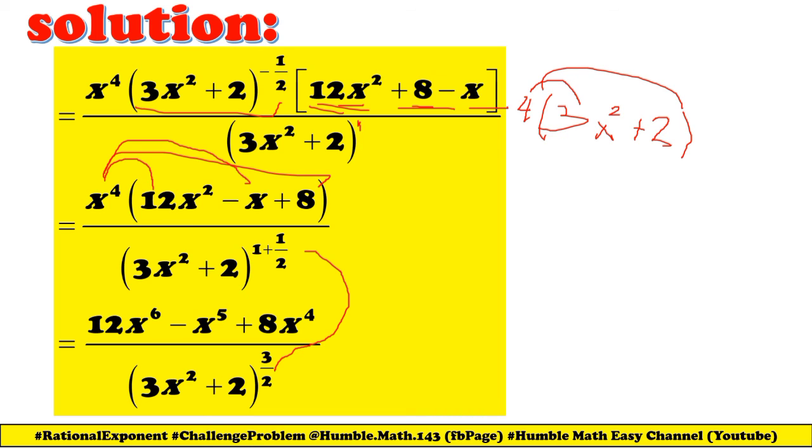X raised to 4 times negative x became negative x raised to 5. X raised to 4 times 8 became 8x raised to 4, all over 3x squared plus 2 quantity raised to 3 halves. Since we cannot simplify any more on this expression, this is now our final answer.